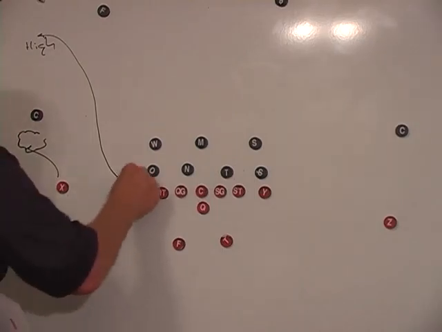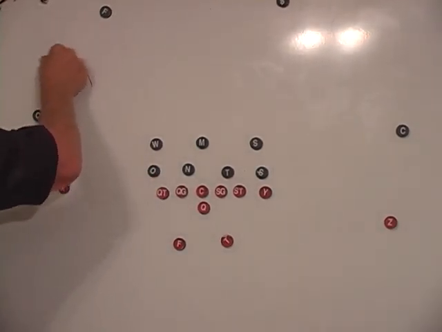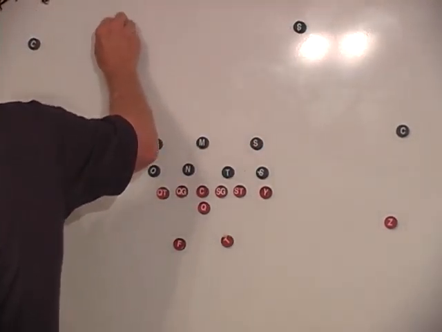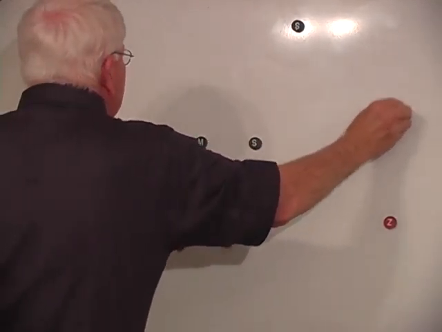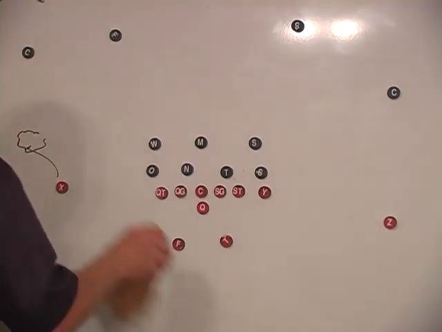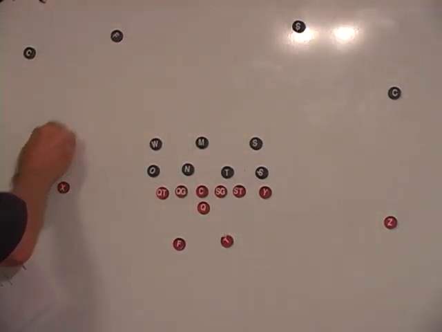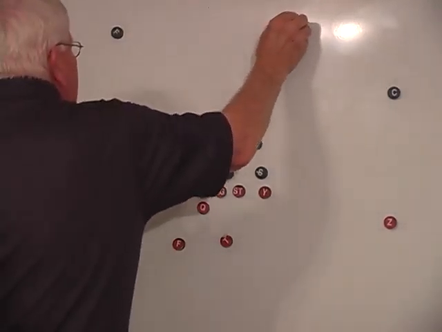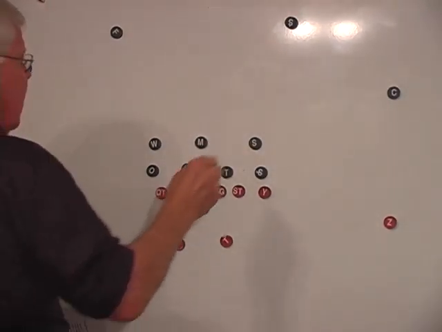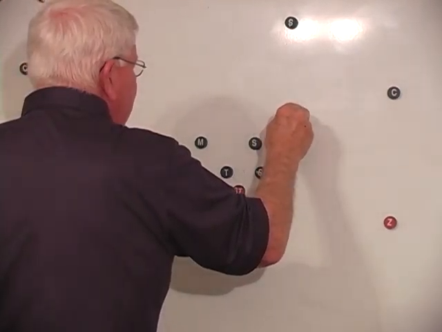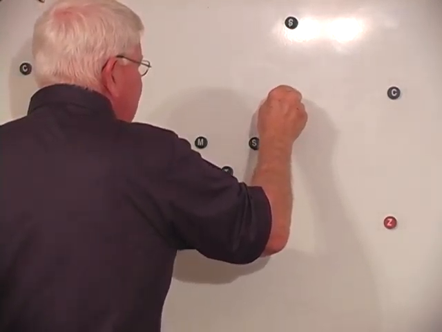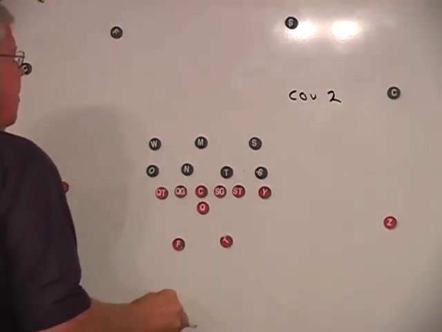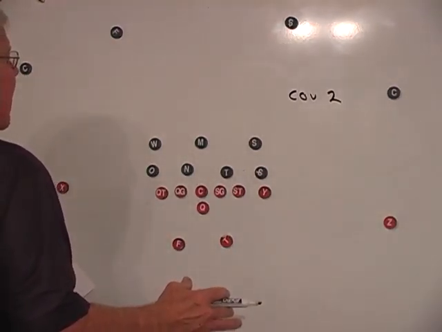Now, the other thing they can do with a 7-man front is play a cover 4. Now here, okay, now here we call it cover 4 because, well, that first one was cover 2. And there were 2 deep safeties.